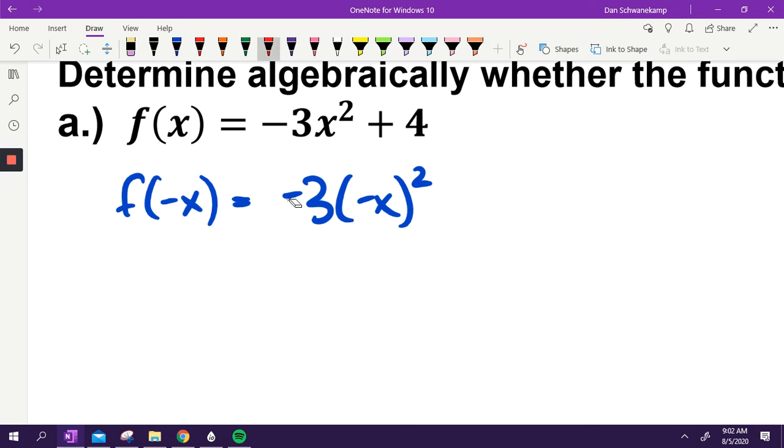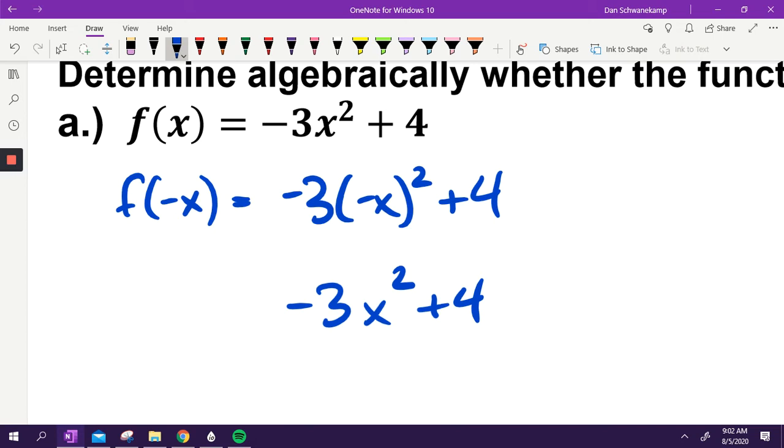So I plugged in a negative x there, and I don't have any other negative x's to plug in. Then I'm going to simplify. What happens if I take a negative x and I square it? It's positive. So this is negative 3. Negative x squared really is the exact same thing as positive x squared, because a negative x times a negative x gets me positive x squared.